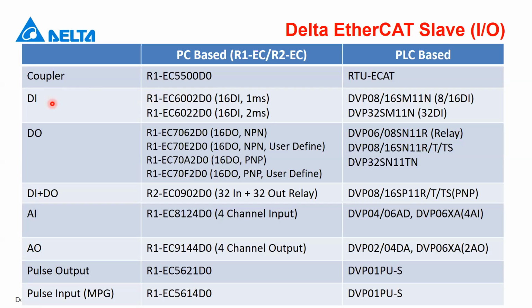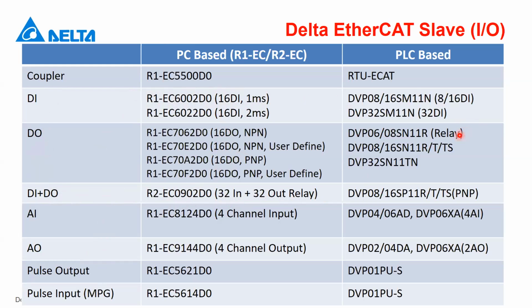And you can see for the digital input output and the mix, we have a different model. Okay. But here just let you know, for PC based, at the moment we have only 16 input and 16 output. Or another one is mix, but this one have only 32 input and 32 output.